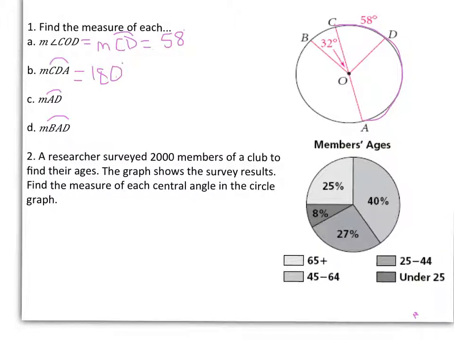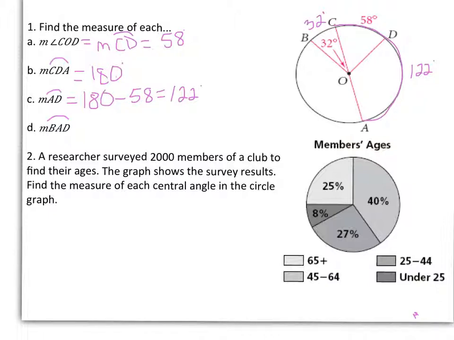The measure of arc AD, well, we know that CDA is 180, and we know that CD is 58. So if we subtract those two arcs, we get that the measure of arc AD is 122 degrees. And then finally we want to find the measure of arc BAD. Well, we know AD is 122. We know BC is 32 because that arc is the same measure as the central angle COB.